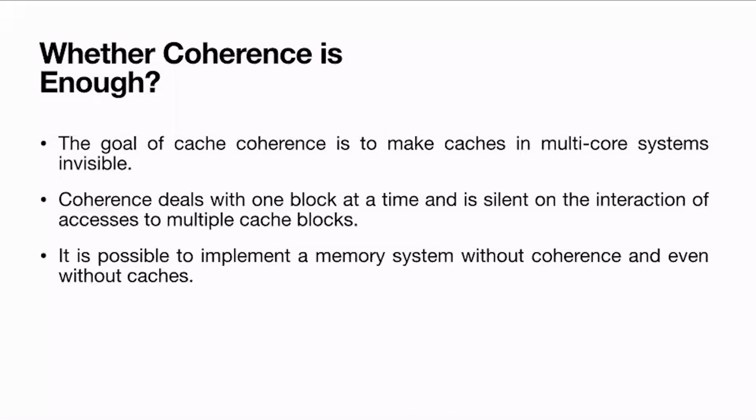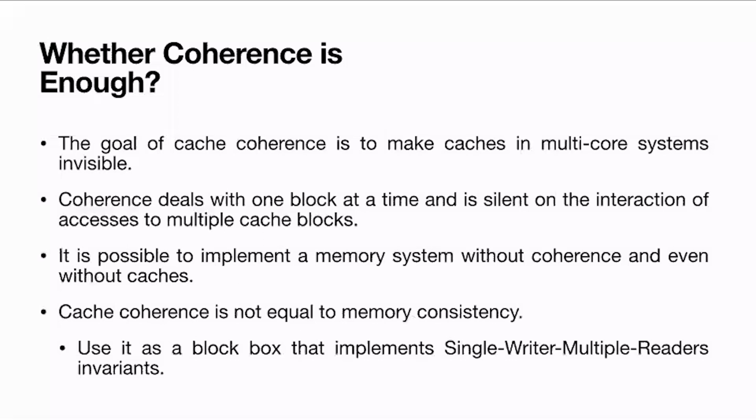It is possible to implement a memory system without coherency or even without caches, but consistency is required, because a consistent view of the memory should be available to all the threads running on a multi-core system. So in summary, cache coherency is not equal to memory consistency, but memory consistency can benefit from cache coherency.